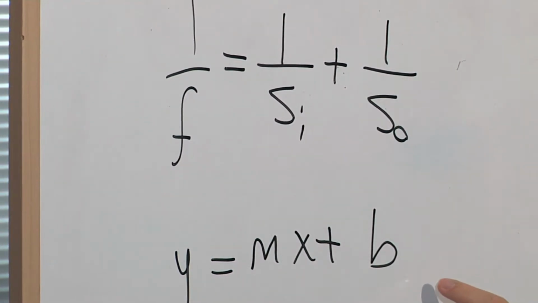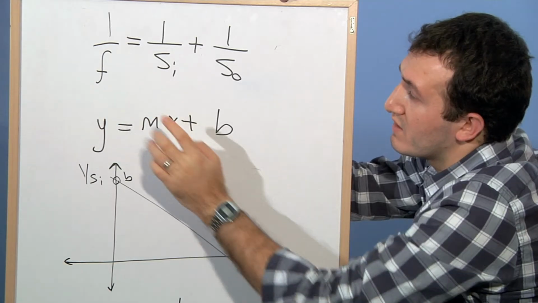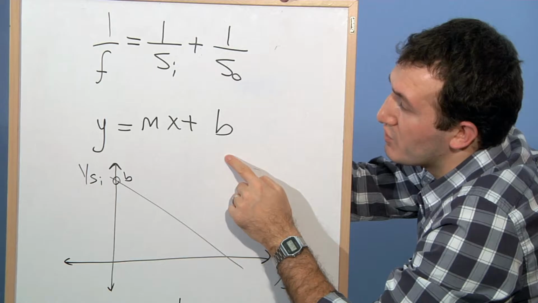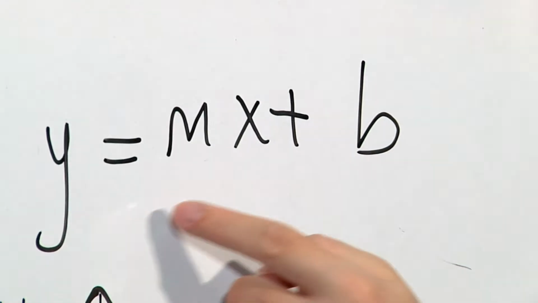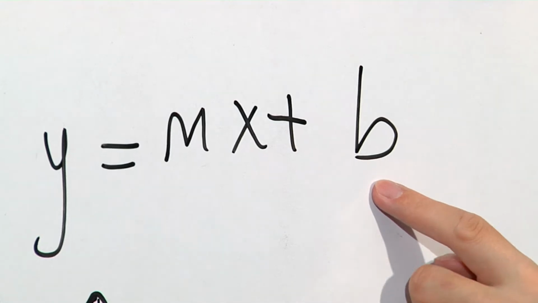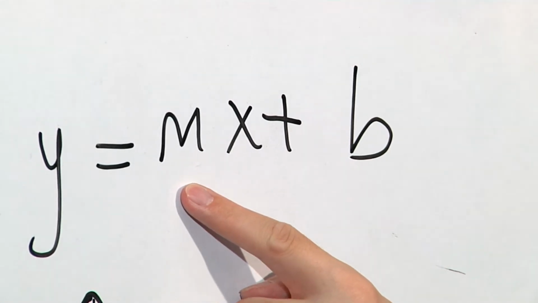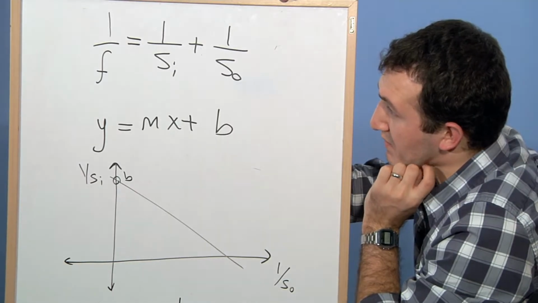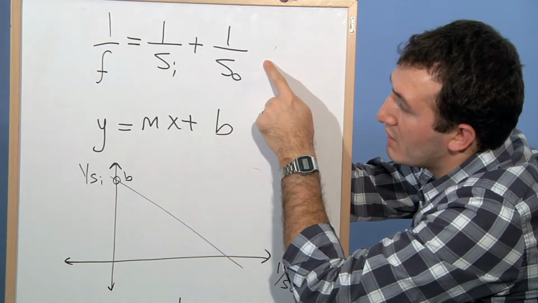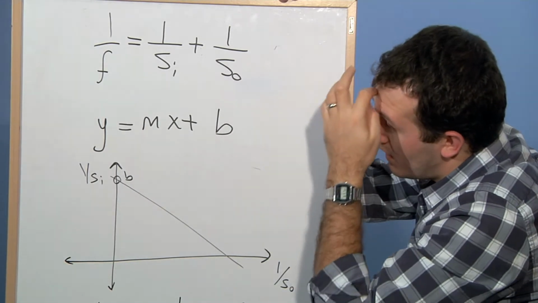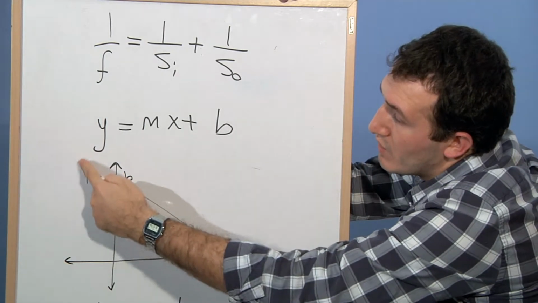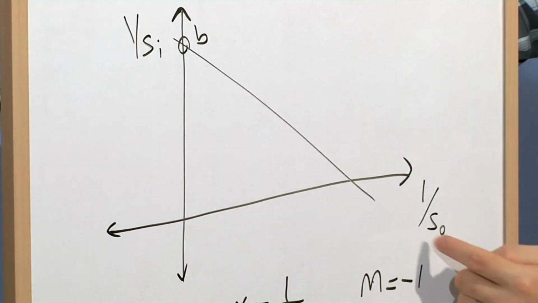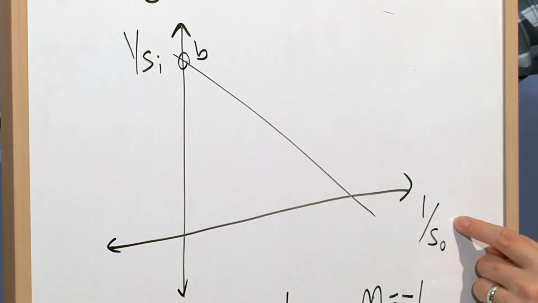And experimentally, to be able to find the focal length, the equation is a little bit different. This is a straight line equation in math. Y equals mx plus b. Over here, b is the y-intercept, m is the slope, y is the y variable, and x is the x variable. So to make this equation look like this, we're going to need to have 1 over SI on the y-axis, 1 over SO on the x-axis.